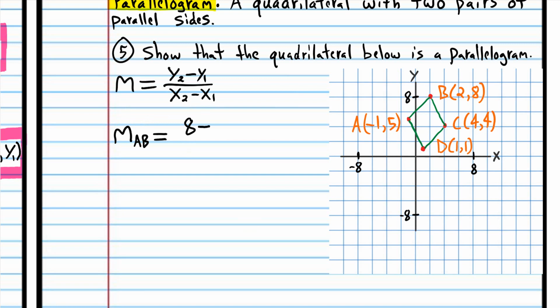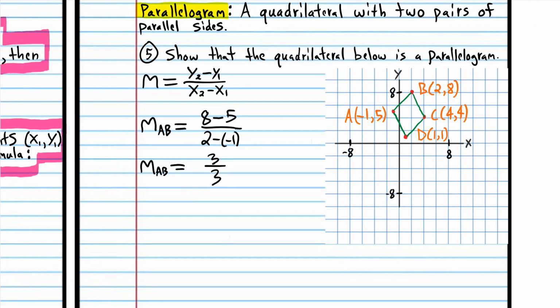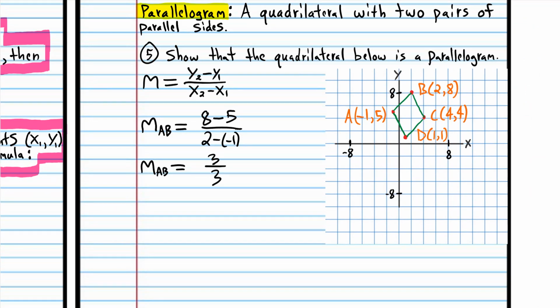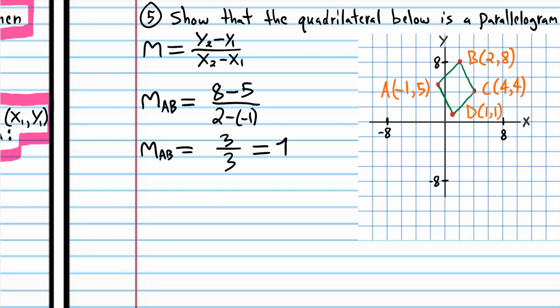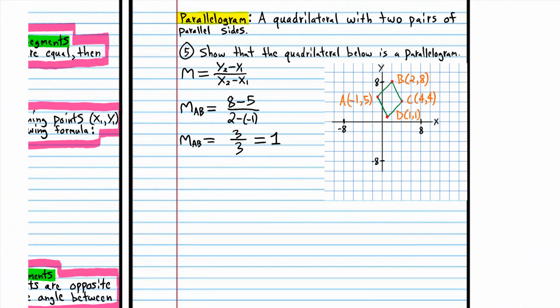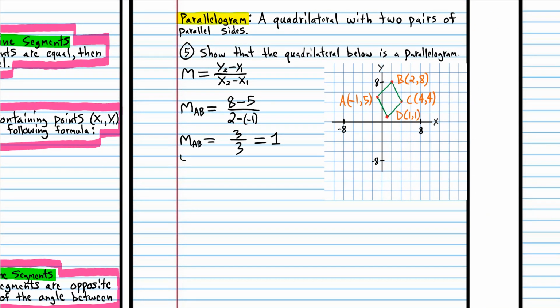So 8 minus 5 over 2 minus -1. And the slope of line segment AB, if you simplify, you get 3 over 2 plus 1, which is 3 over 3, which is 1. So that's the first slope we found there.